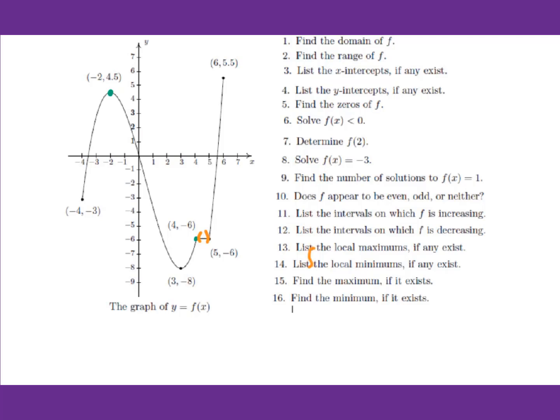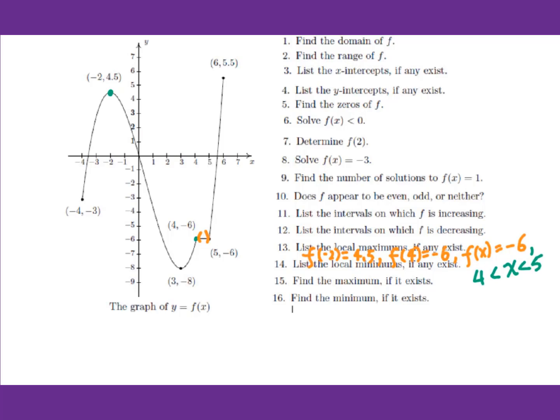Therefore, I will write down f of -2 equals 4.5. That's a local maximum. F of 4 equals -6. And f of x equals -6 when x is between 4 to 5.